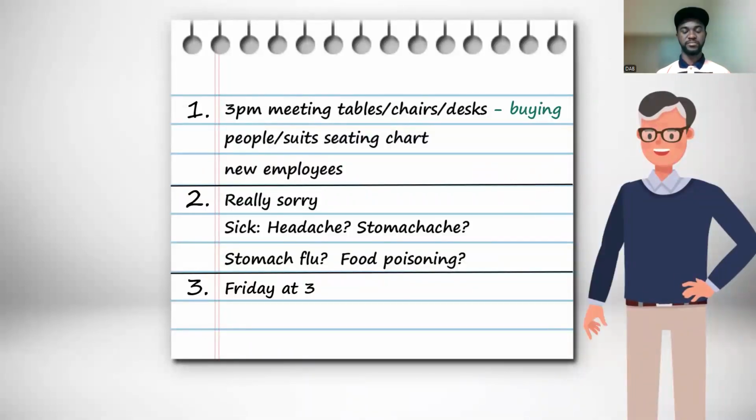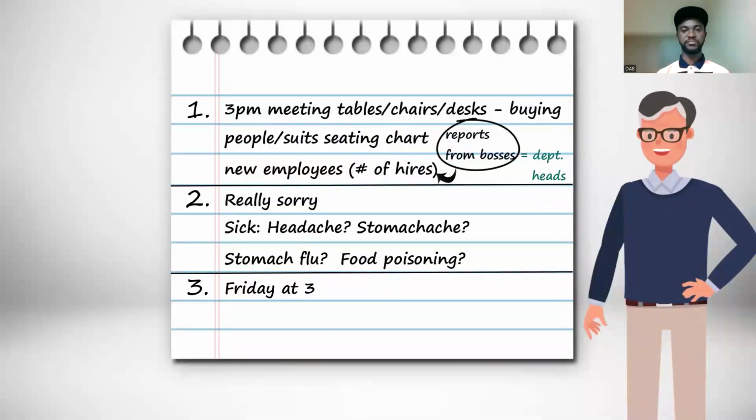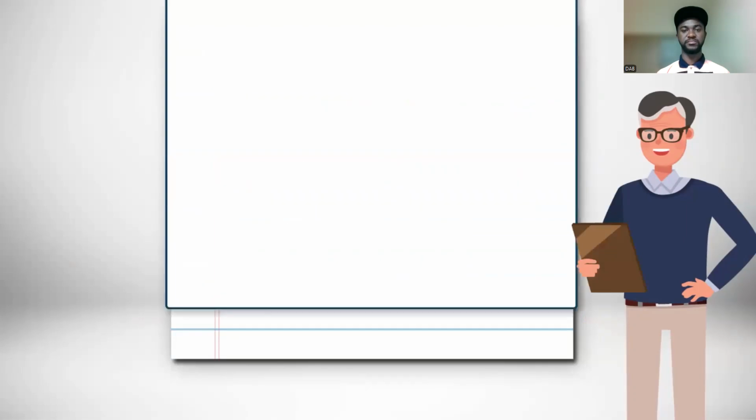Maybe I'll just add one more detail about what my contribution to the meeting is supposed to be. I'll say I have some information about the total number of new hires based on reports from other bosses, or department heads sounds better. It's a more precise and detailed way of describing them that will show the raters the range of my vocabulary. Okay, I've got some ideas for each part.